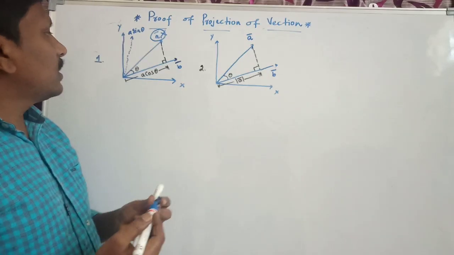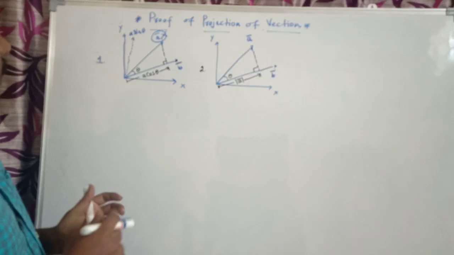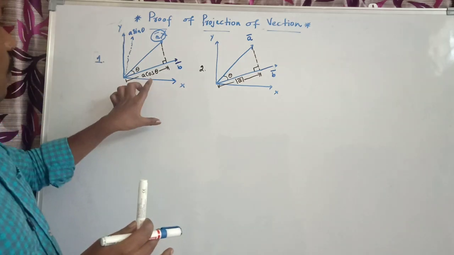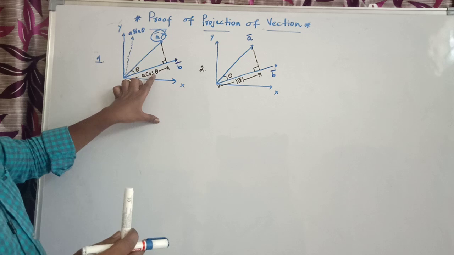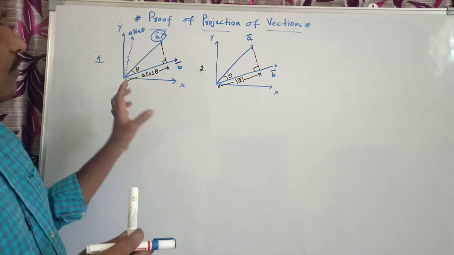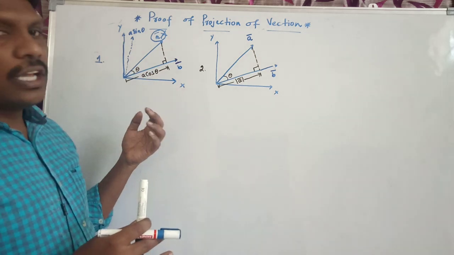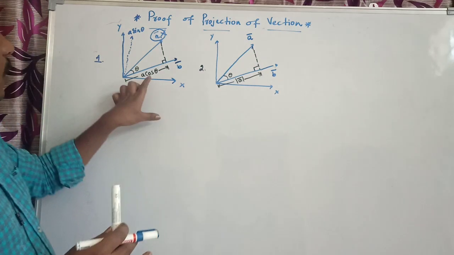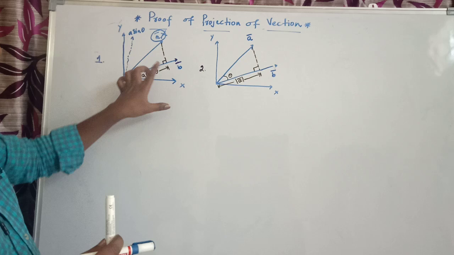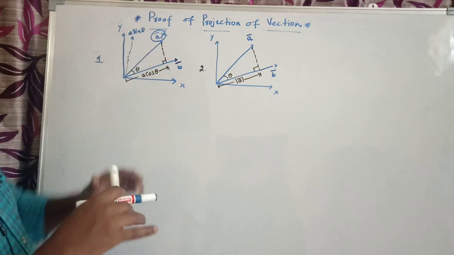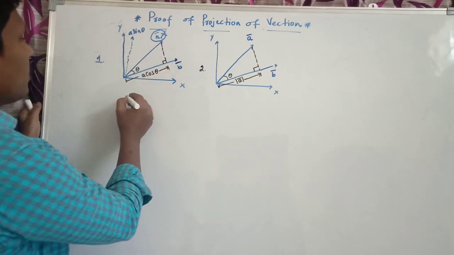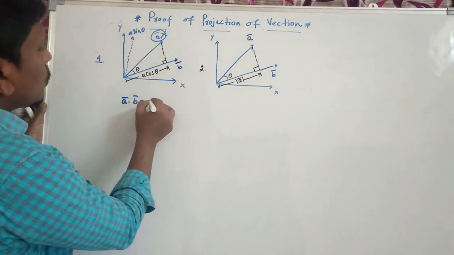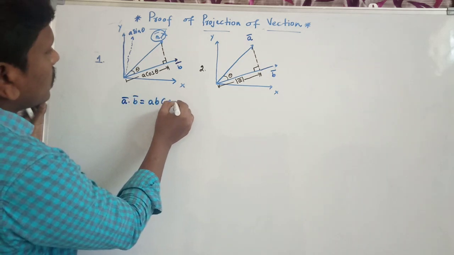Here we are going to see the dot product of the vectors. For the horizontal component, we know that a bar dot b bar is equal to ab cos theta. This is how we can understand that the vector can be projected.